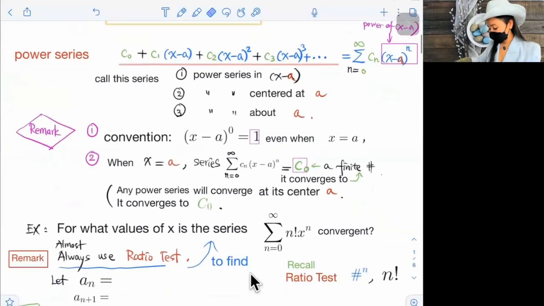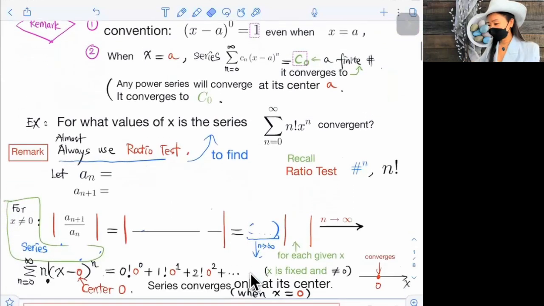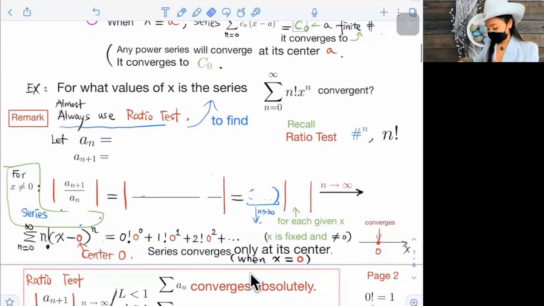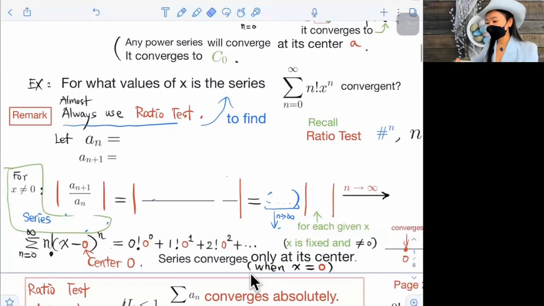Now let's do an example so that we can feel a little bit more comfortable with this. In this example, we ask, for what values of x is this series convergent? Now, is this a power series? It is, because of the x to the n power.